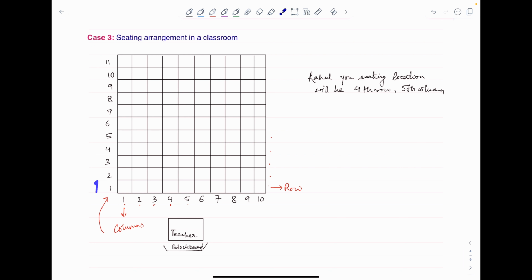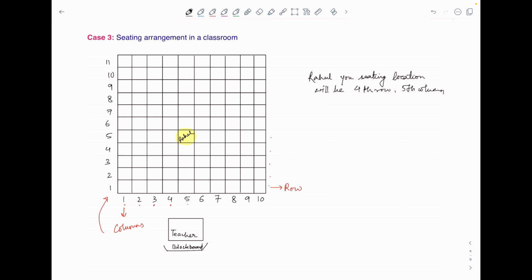You went to the first row, second row, third row, fourth row. You reached the fourth row, and from there you moved in the east-west direction. This is first column, second column, third column, fourth column. This is fifth column. So you reached your place. This is Rahul's sitting location.